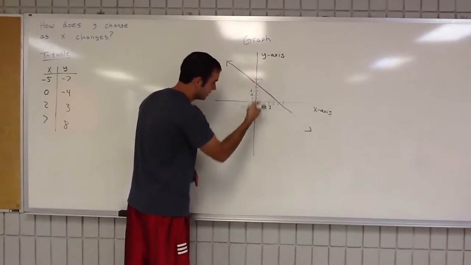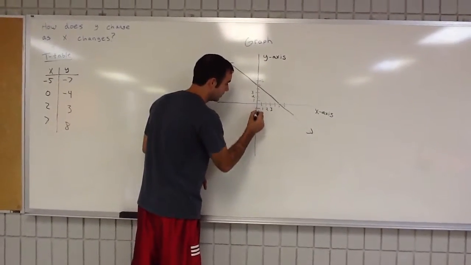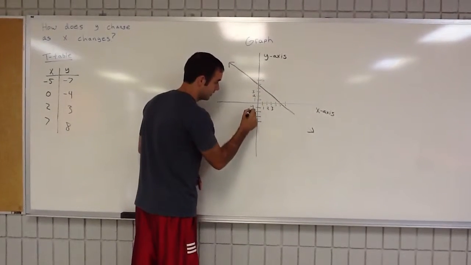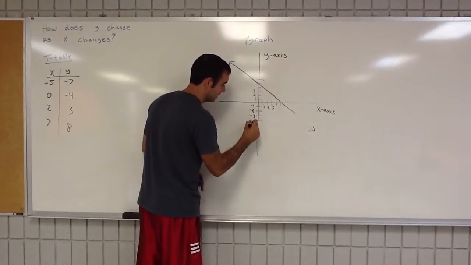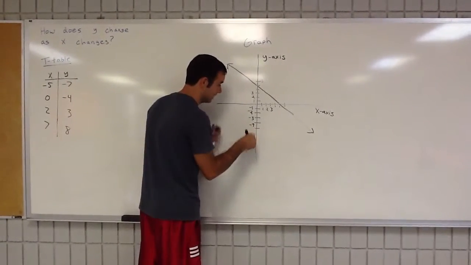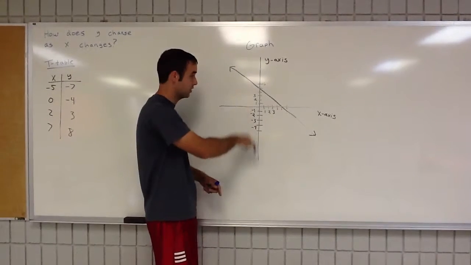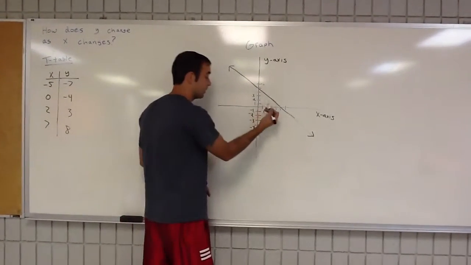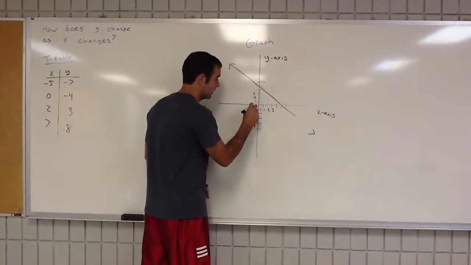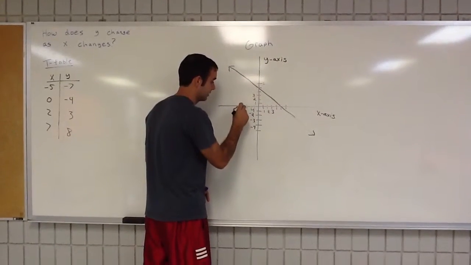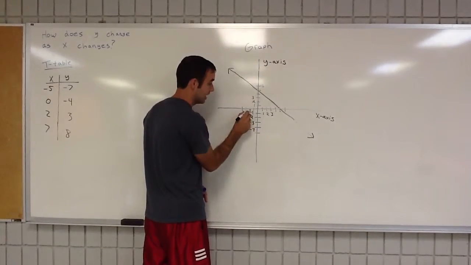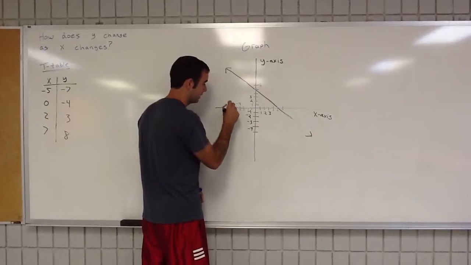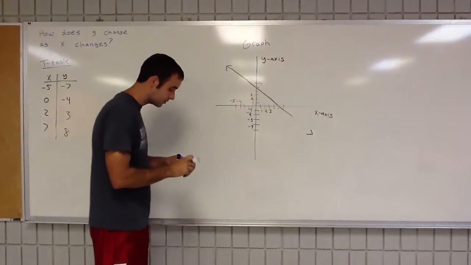And then when you go down for y, you get negative values for y. -1, -2, -3, -4, and it just keeps going. -5, -6. The further you go down, the y values get lower. And if you go to the left, you get negative values for x. -1, -2, -3, -4, -5 for x.